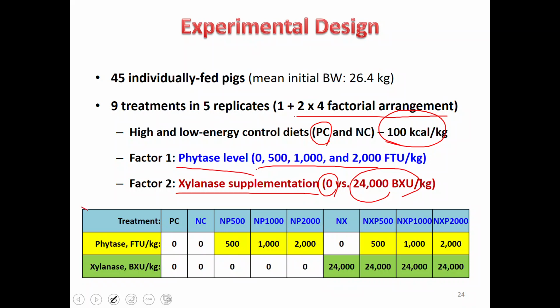So this table shows you the treatment structure. Positive control, negative control, no phytase and Xylanase. And then we have phytase diet, and then both phytase and Xylanase diet, so that we could detect the interaction between phytase and Xylanase if there is any.